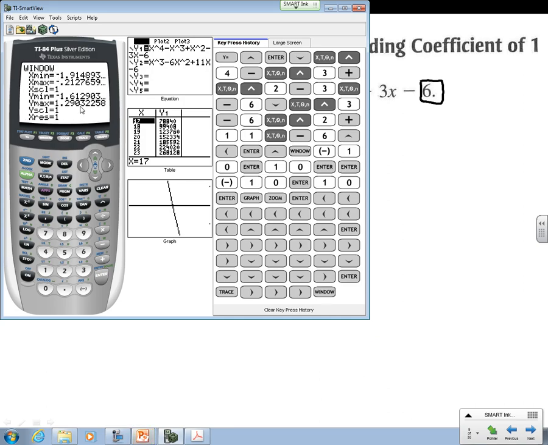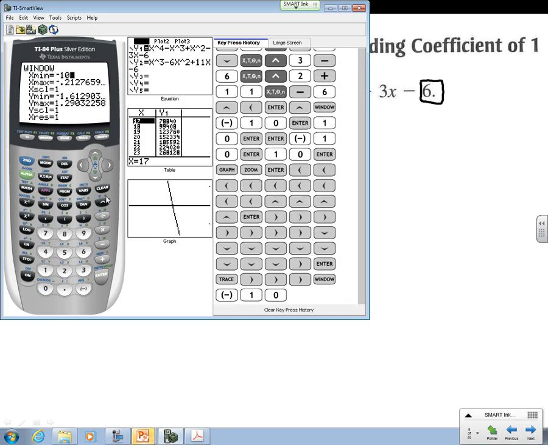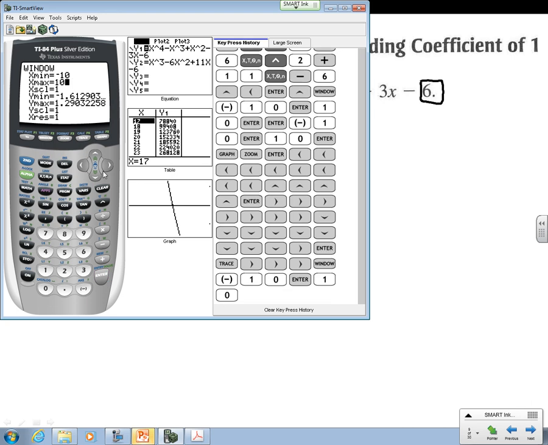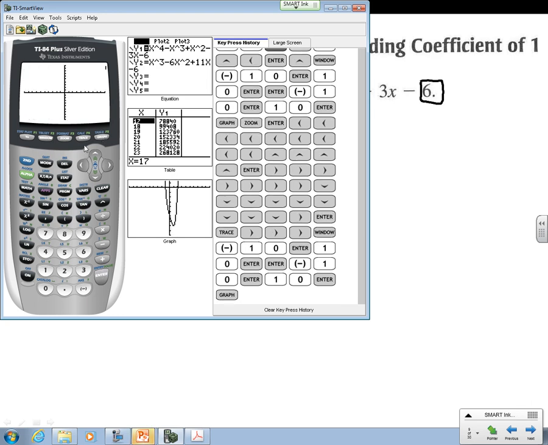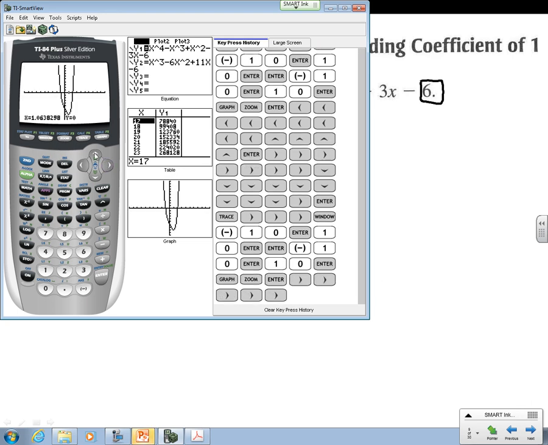I'm going to go back to our window and reset this. -10 to 10, -10 to 10. Go ahead and graph it, and then I'll zoom in on this positive 0 that we see over here to the right of the y-axis.